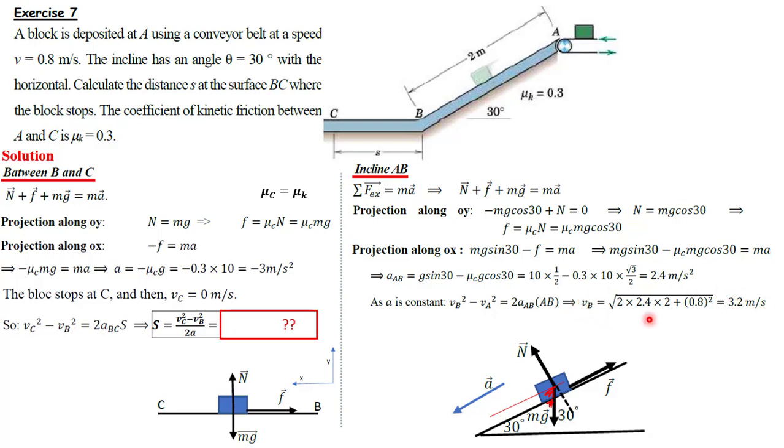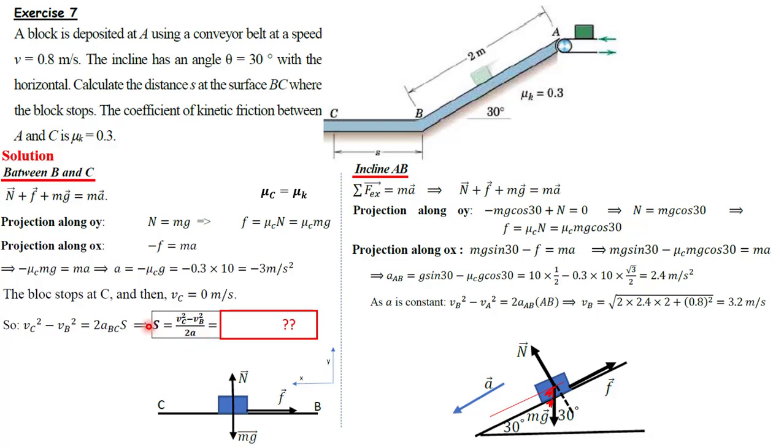This numerical value of VB will be used in the expression here of S, which was BC. So we know VC, it's 0. We know VB, and we know the acceleration along BC.